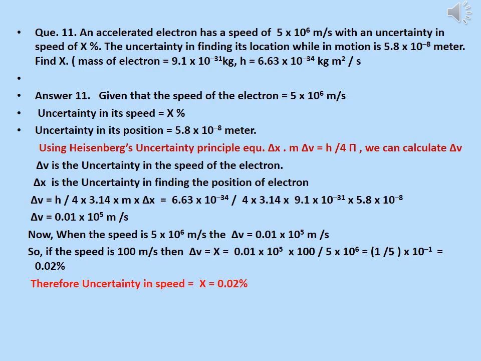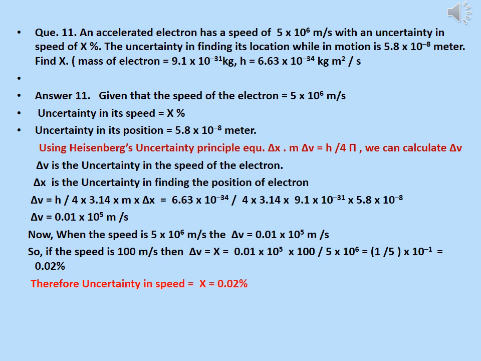Question number 11. An accelerated electron has a speed of 5 into 10 power 6 meter per second with an uncertainty in speed of x percentage. The uncertainty in finding its location while in motion is 5.8 into 10 power minus 8 meter.